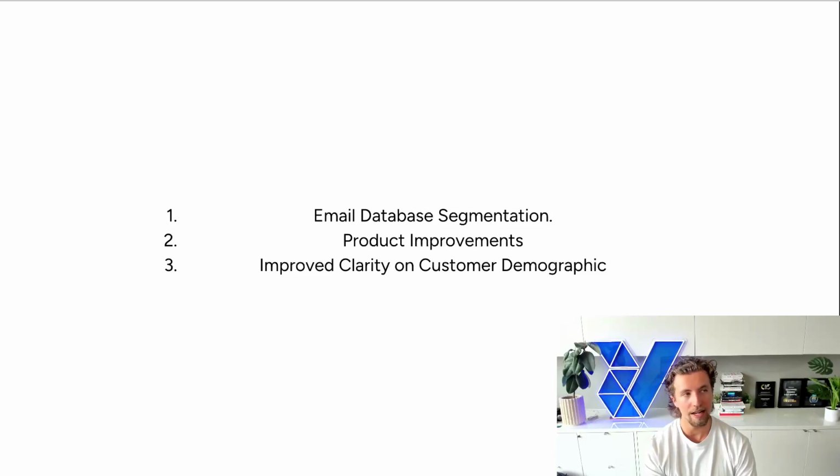You could segment them into this was a gift for a partner or not. And then you can run individual email campaigns to those that purchased the product as a gift for their partner. And you can push, hey, here's another gift that they would love. And you can start to see that curated, tailored messaging based on the individual purposes for why they bought the product can start to yield significantly better results than if you're just sending emails to everyone with generic messaging.